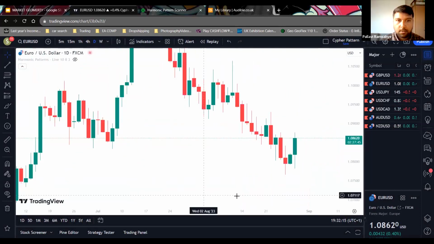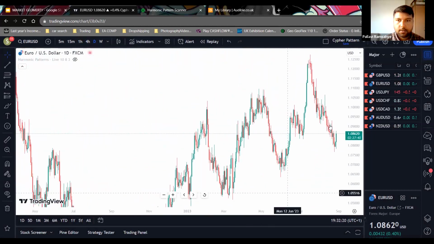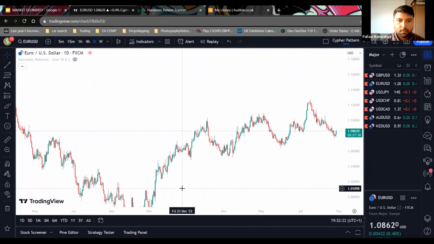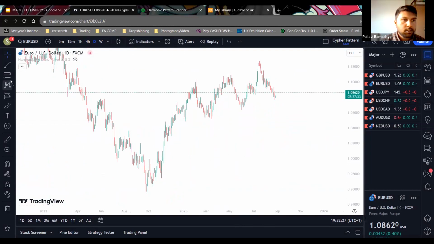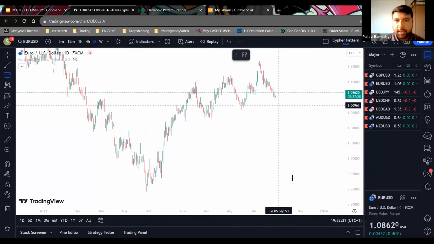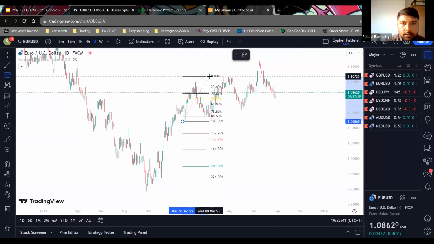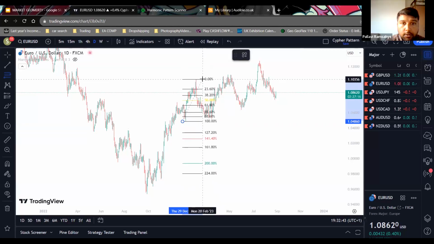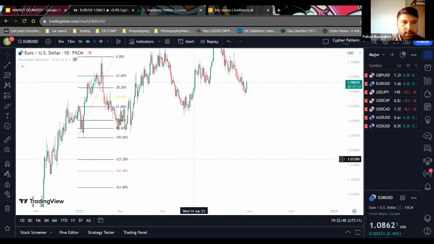So let's do it this way. Let's get the Fibonacci retracement tool and choose a move, this move here, from low to high.